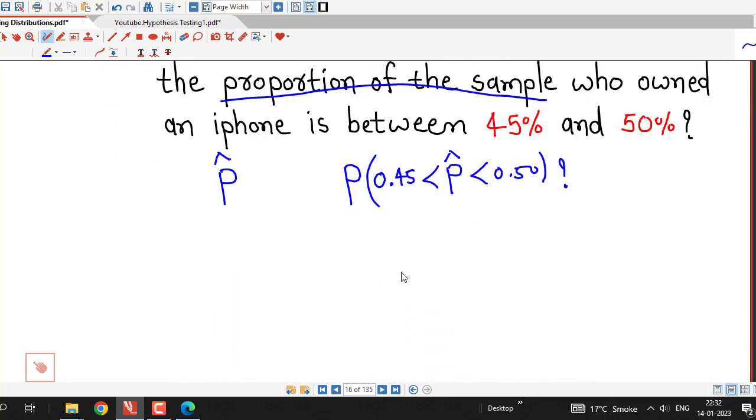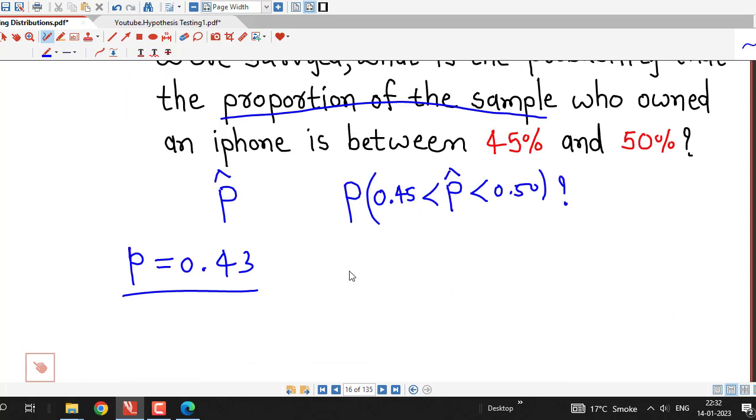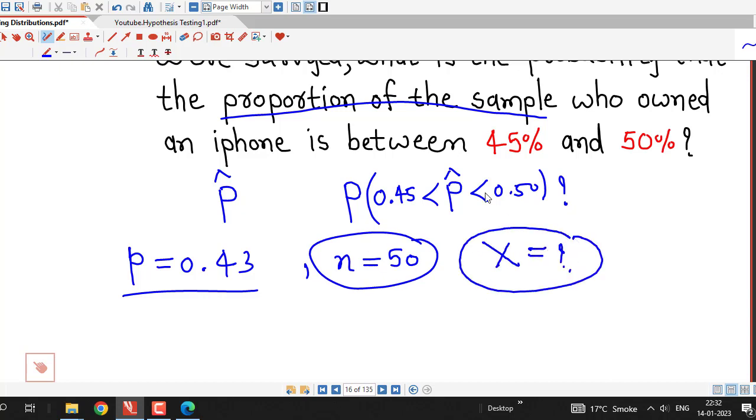So first we write down that the population proportion is 0.43 and the sample size is 50. They are considering a sample of 50 Americans. The value of X is not given, but that is not a problem for finding this probability.